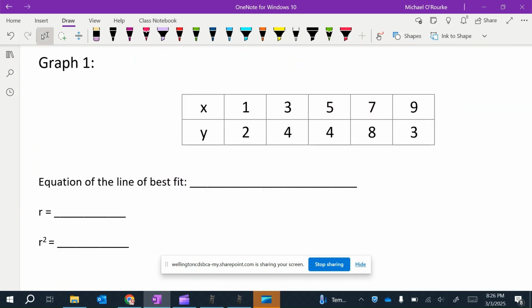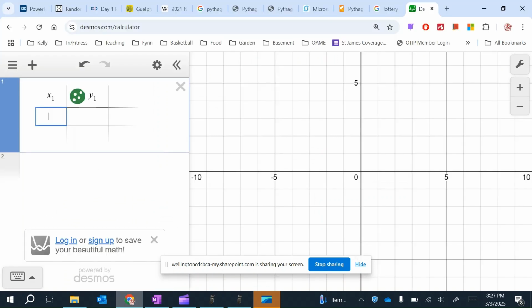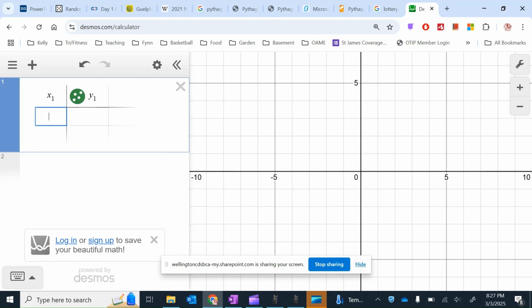All right, so I'm going to write these down. We're going to input these numbers here. So it's 1, 3, 5, 7, 9, 2, 4, 4. All right, so we're going to go to Desmos and input these numbers. You go to the plus, pick table of values, then input these numbers here.